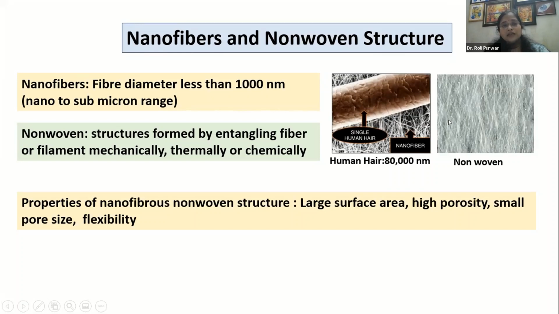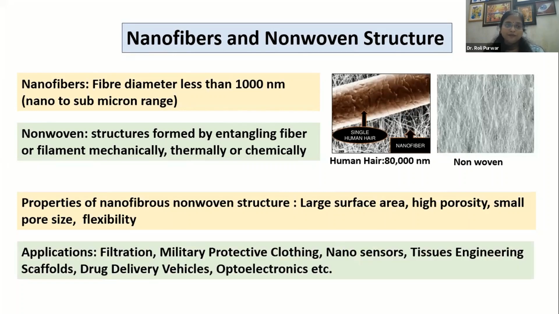At the same time, the pore size is very small, so we can easily do bacterial filtration, since bacteria are smaller than micron size, and we can filter them using the non-wovens. They also have a lot of flexibility, so we can put them in any kind of form and make good products out of these nanofibrous non-woven structures.